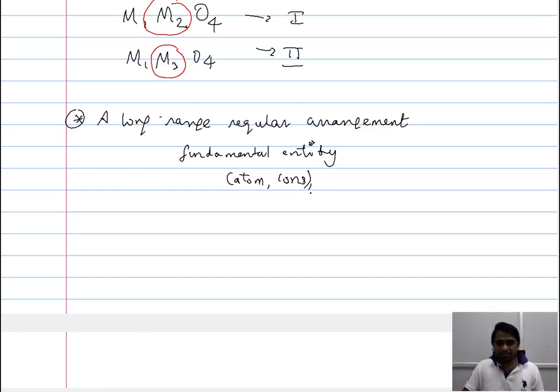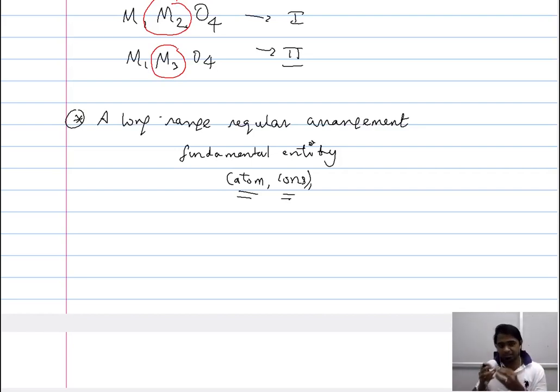Now, at times, these inorganic minerals are also available in the earth crust as a pure element. In that case, the fundamental entity would again be an atom. So depending on how the mineral is present, if it is present in the form of an element, the fundamental entity that constitutes the whole material will be an atom.